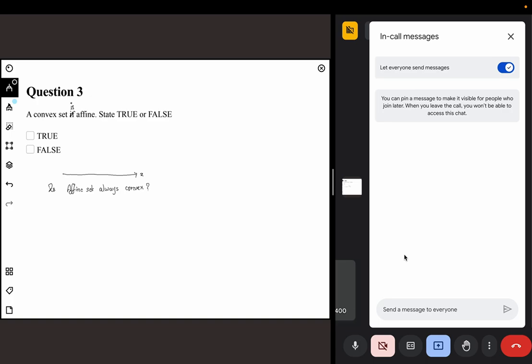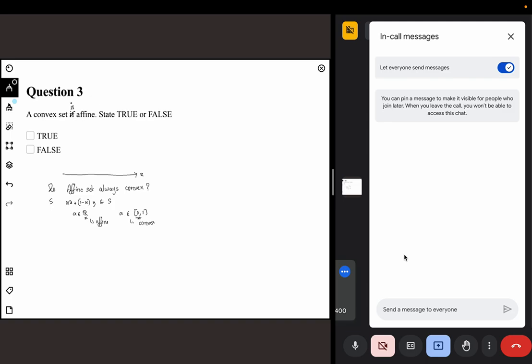Not necessarily, as you can say right from the definition. We wrote it as alpha x plus (1 minus alpha) y. If x, y are 2 points of this set, this should also belong to the same set, where alpha belongs to R. If alpha belongs to R, then we are calling it affine. But if alpha belongs to only [0, 1], then we are calling it convex.